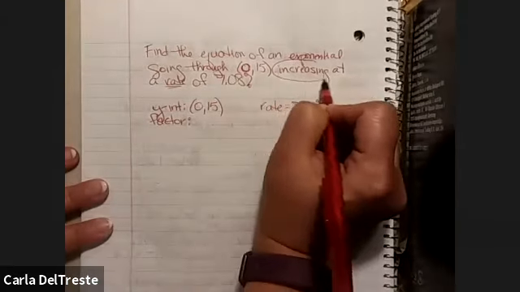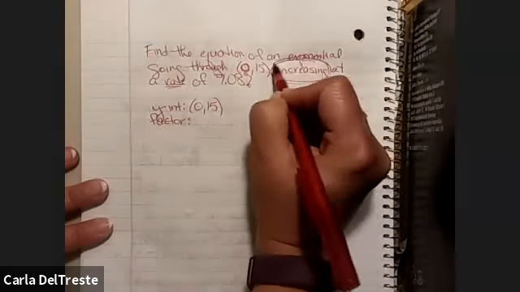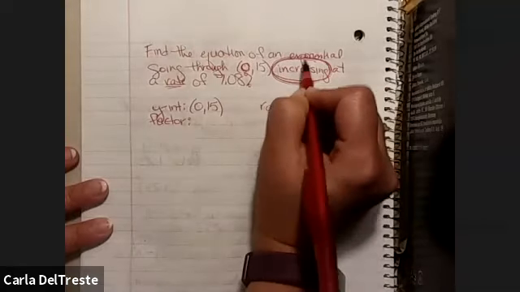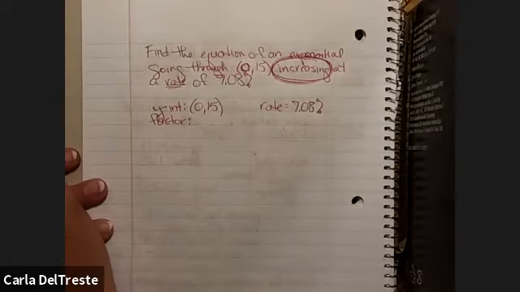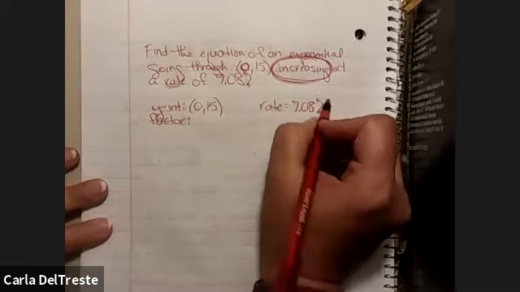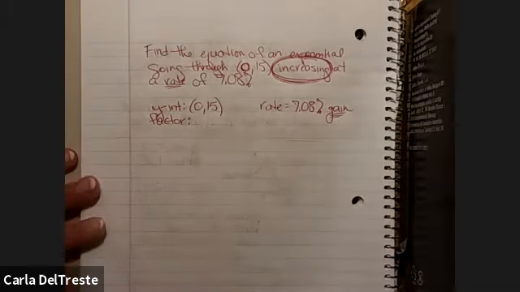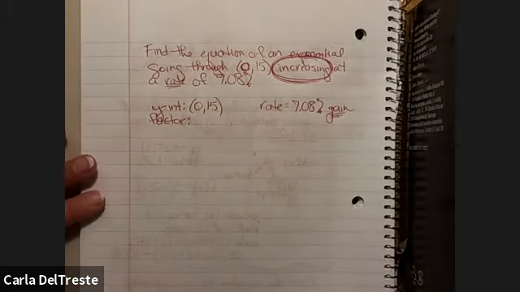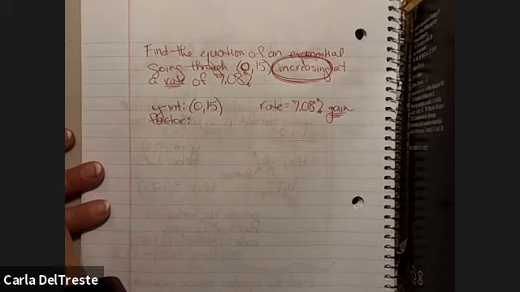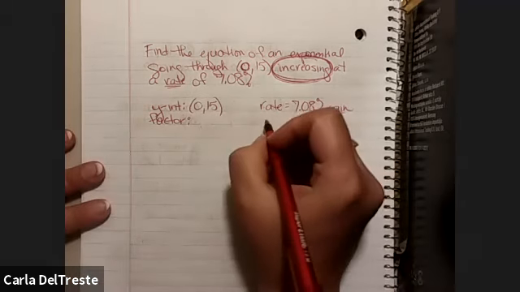Key in on what it's doing. Is it a gain or a loss? This is increasing at a rate of 7.08%. So this is a 7.08% gain. That means that I'm adding it on to an original 100%.